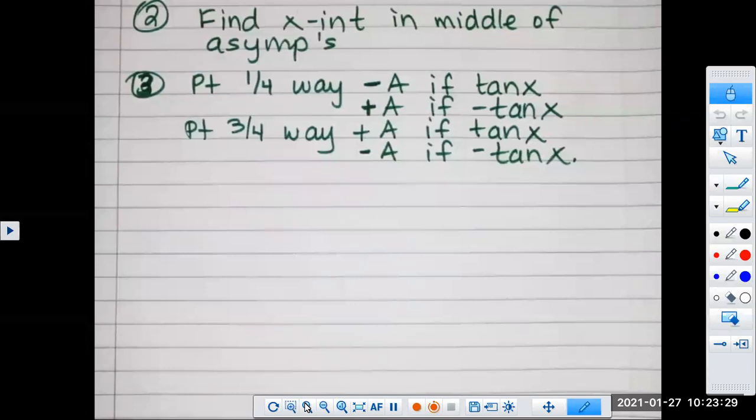And then you just draw another asymptote, see how far apart your first 2 asymptotes are, draw another one in either the left direction or the right direction, repeat that process to graph another period.